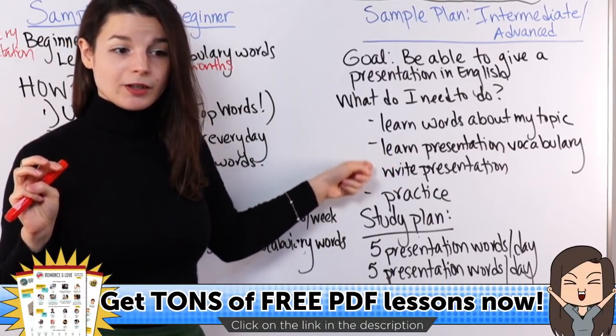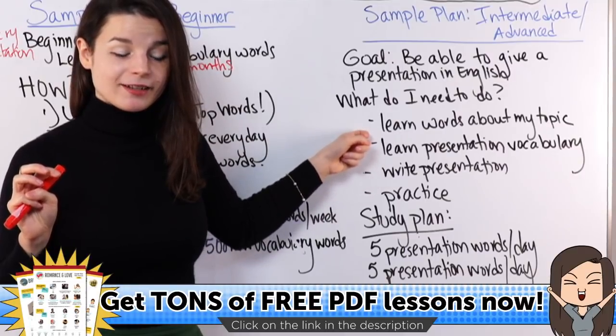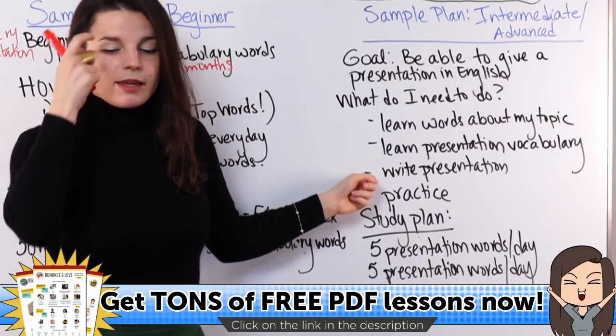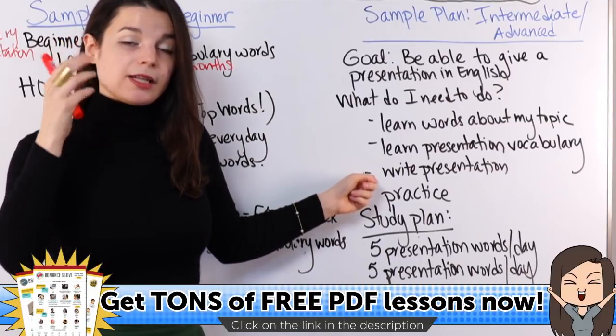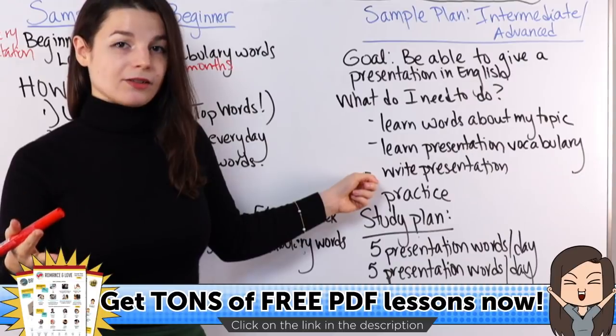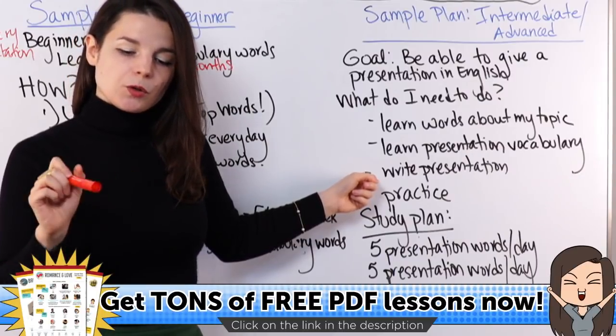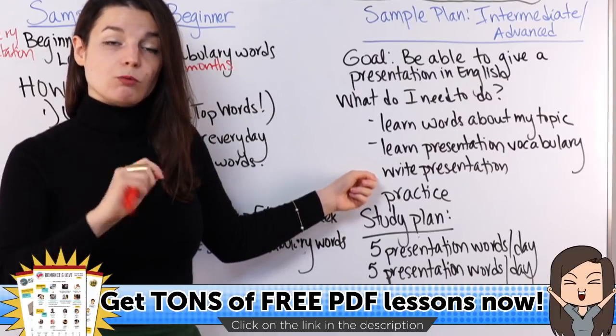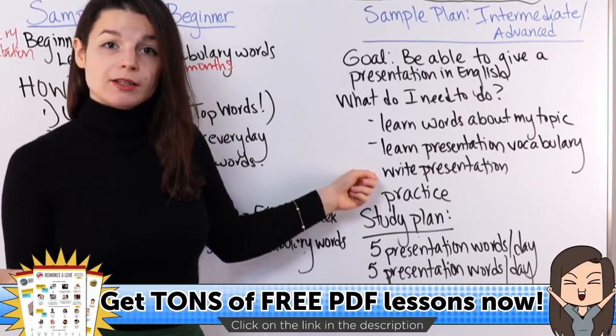Third step, after learning these vocabulary and phrases, we need to write the presentation. I think this is a really good idea to help you organize your ideas, of course, and also to give you a chance to check the way you have written your sentences. Is it correct or not?